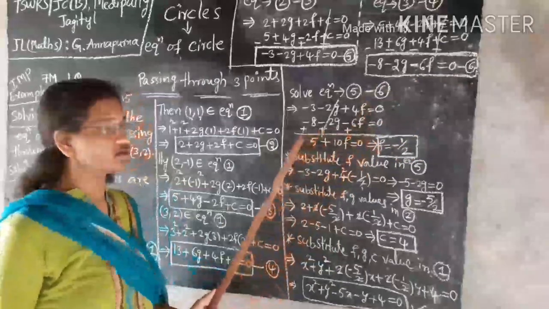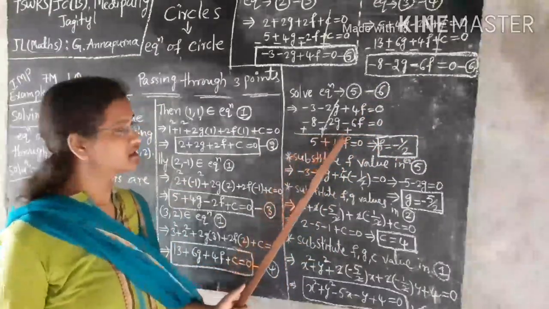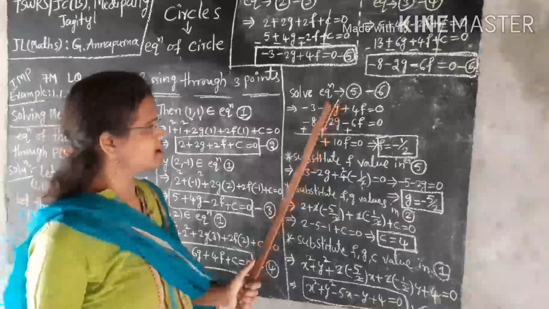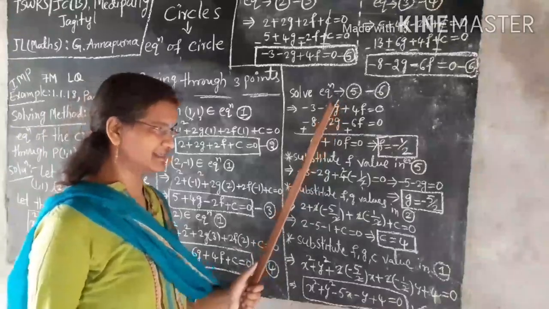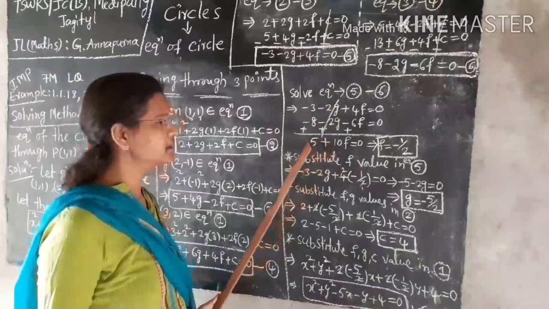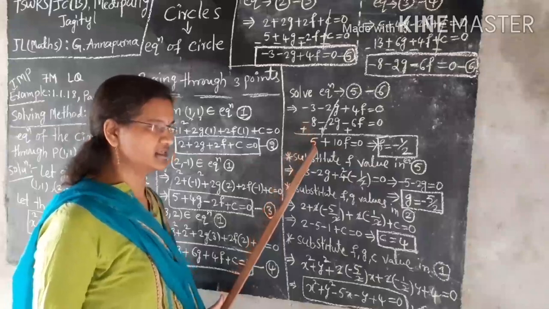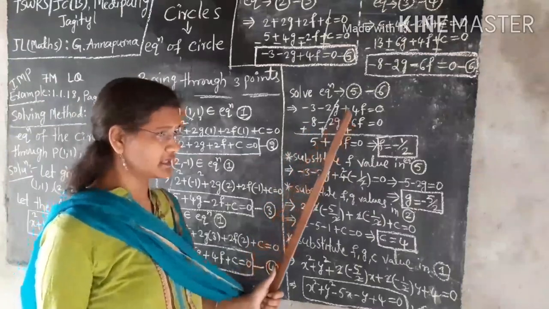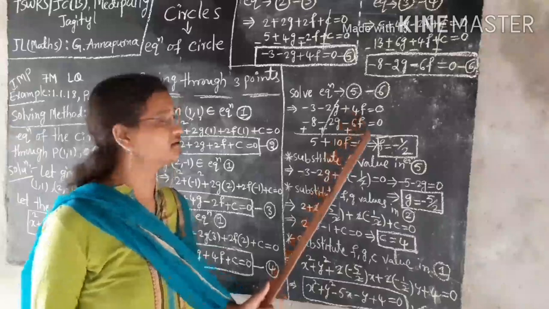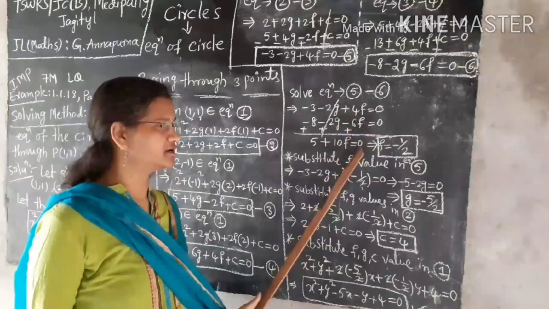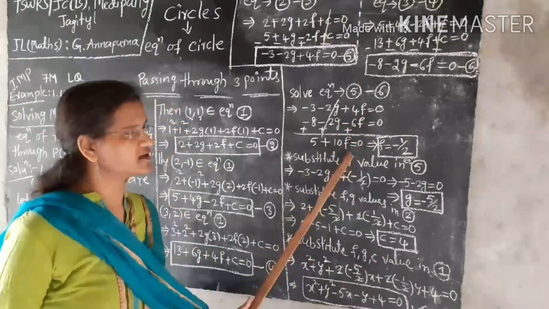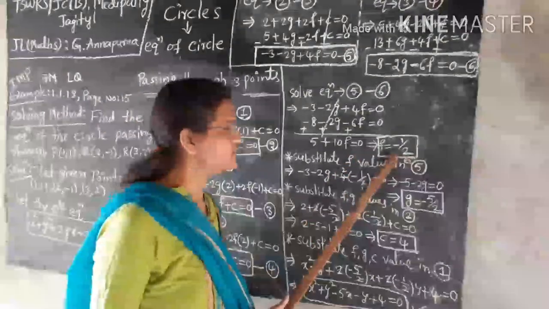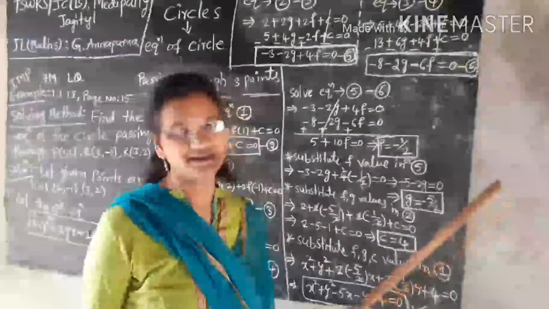The operations are changed. Then minus 2g plus 2g will cancel, and plus 8 minus 3 is 5. Here plus 6f and plus 4f, that is 10f is equal to 0. From this equation we got the f value as minus 1 by 2.